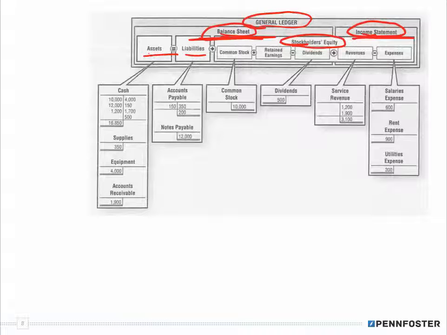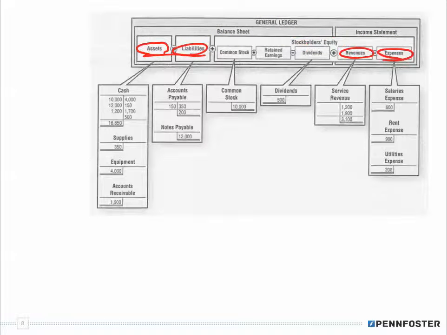Now, assets is a category of account, liabilities is a category of account, equity is a category, revenues is a category, and expenses is a category. So these are categories of accounts. And if you recall, a chart of accounts is nothing more than a listing of the general ledger accounts.